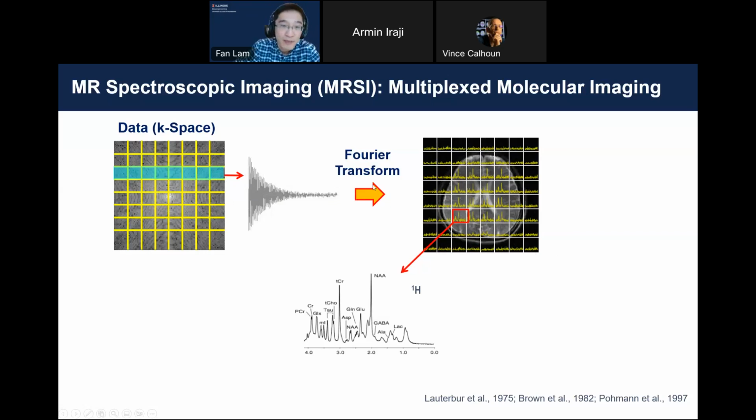After this, we can do some kind of Fourier reconstruction to convert this KT space data into XF space data, where you have spatially resolved spectral information.